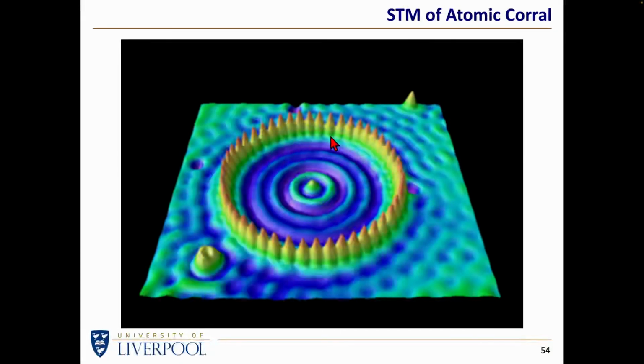But what's going on inside the corral? Well, we don't seem to have a little collection of dots in here. It looks a bit like we've got ripples in a pond. If you had a collection of water here and threw a stone in the middle, you would get the sort of ripples that we see here. So it looks like we've got particles around the edge, but we have waves in the middle. But this is all the same stuff.